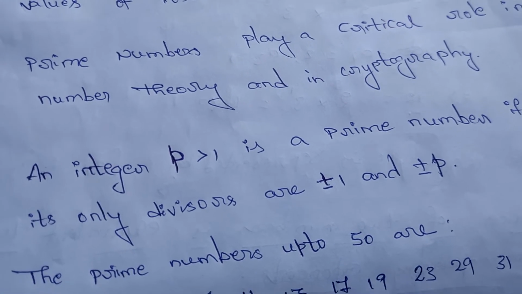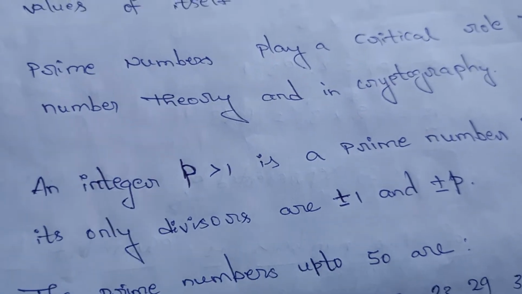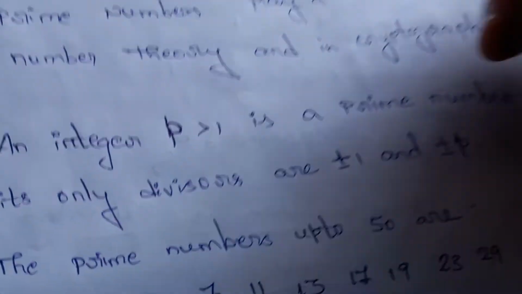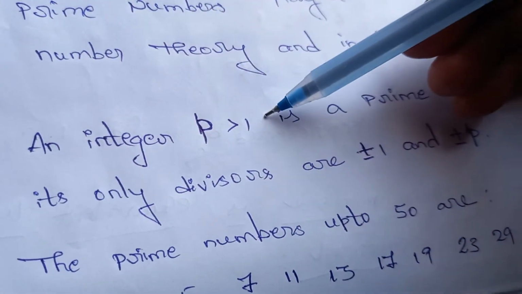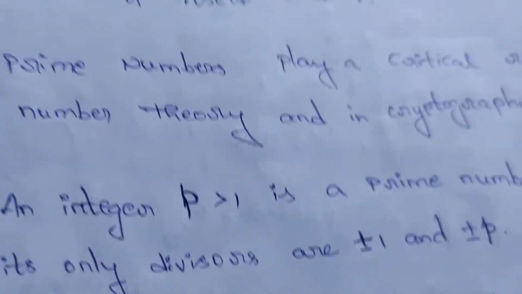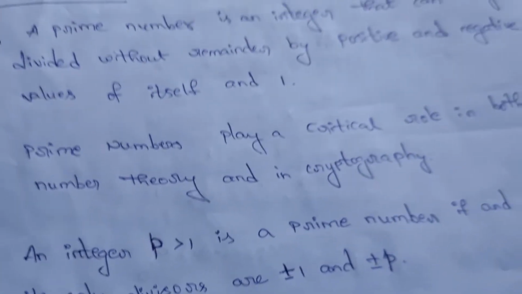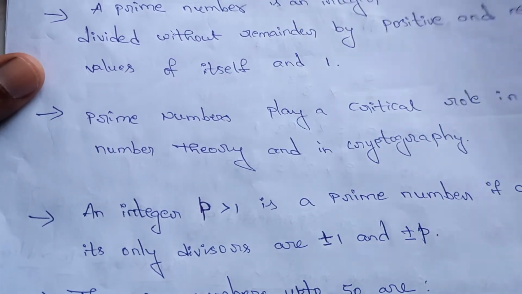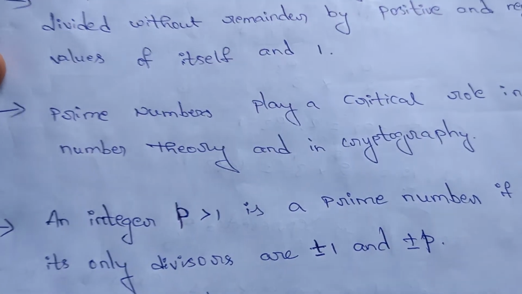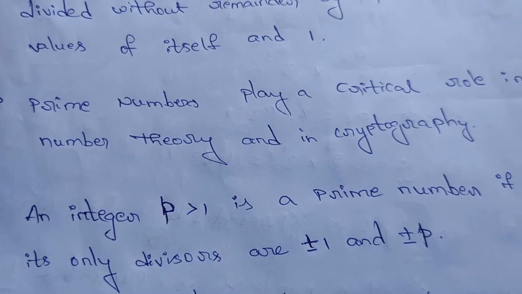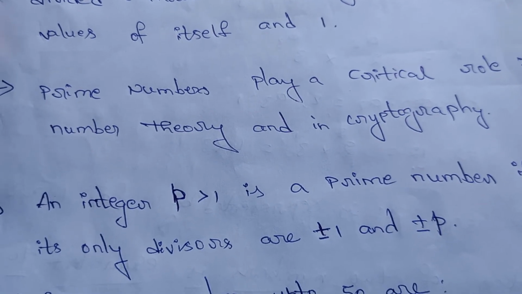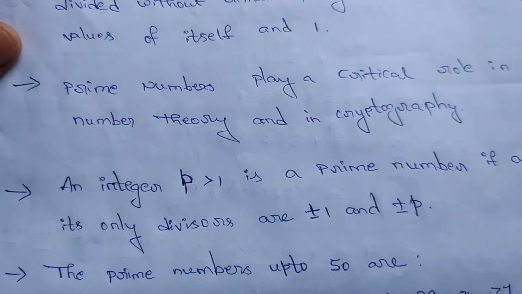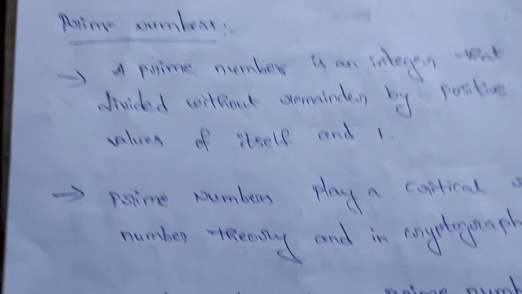Assume that an integer p greater than 1 is a prime number if and only if its only divisors are plus or minus 1 and plus or minus p. This means the same as the first definition.